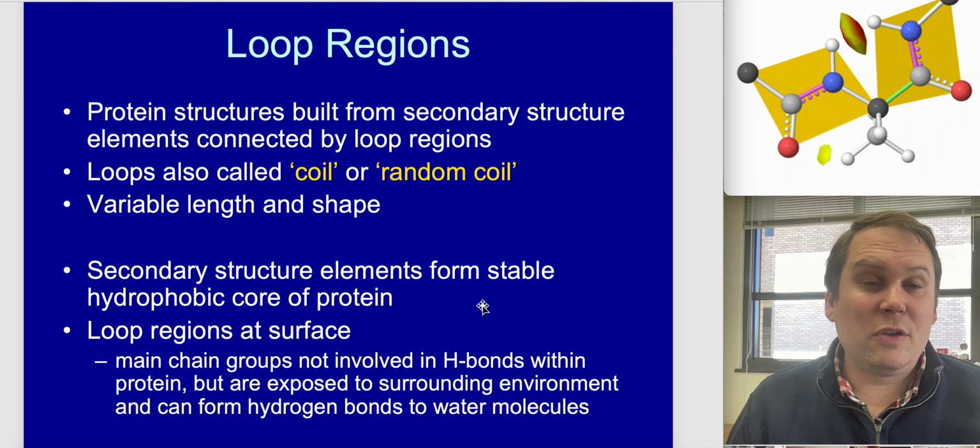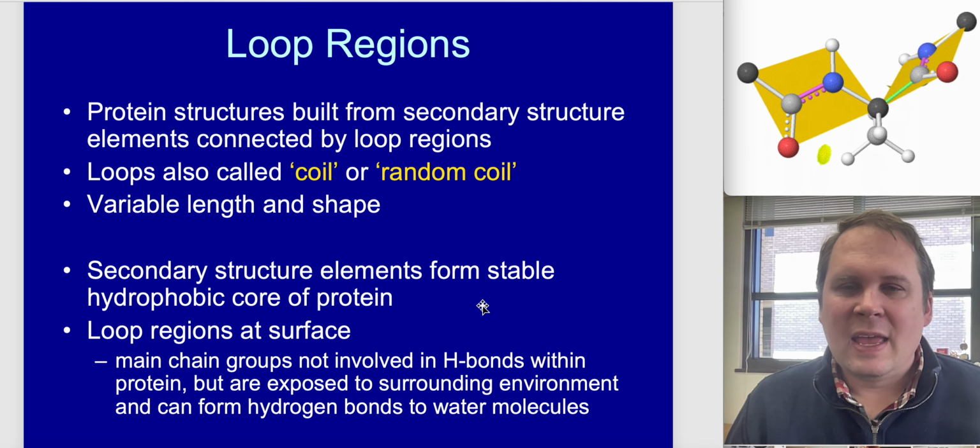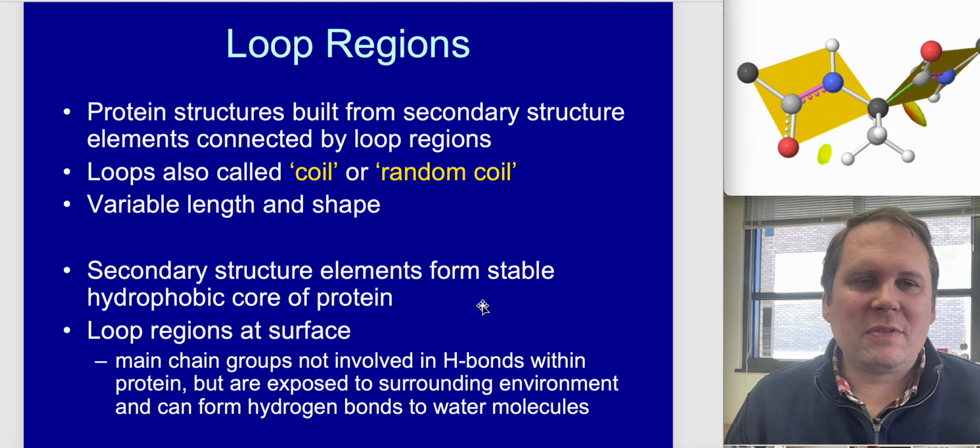So you'll tend to have loop regions at the surface, and they will tend to be highly variable. If you make an alignment of a lot of proteins, you'll find some bits that don't align very well, that can be bigger or smaller, or their amino acids are just different every time. You're probably looking at loop regions when you see those, and so you can start to infer what it is you're looking at.